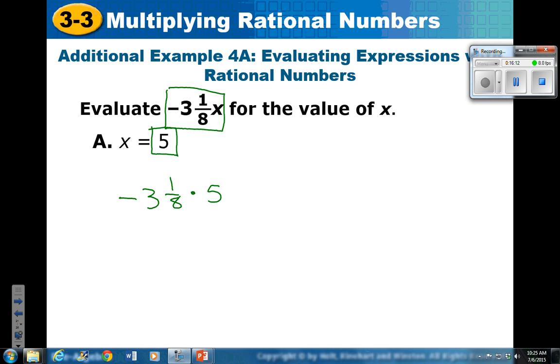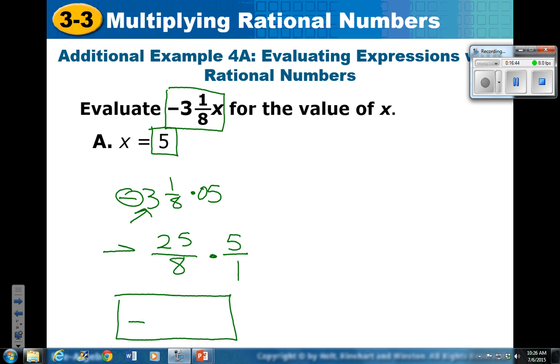In order to multiply that, notice that we have a fraction, so we need to take this mixed number and change it to an improper. 3 times 8 is 24, plus 1 is 25 over 8 times, and we can put the 5 over a 1. Let's notice that we have negative times positive, giving us a negative answer, so let's take care of that.